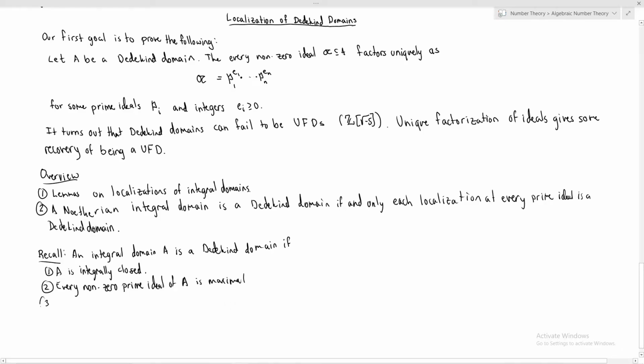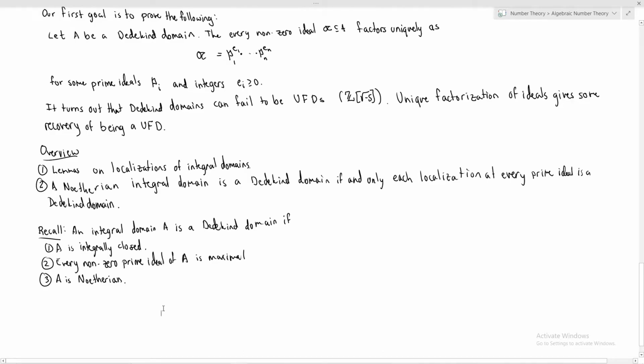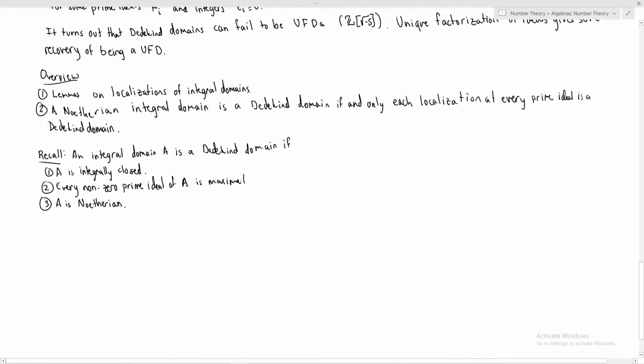And three, A is Noetherian. These are the three important conditions, and we're going to investigate how these change under localization.